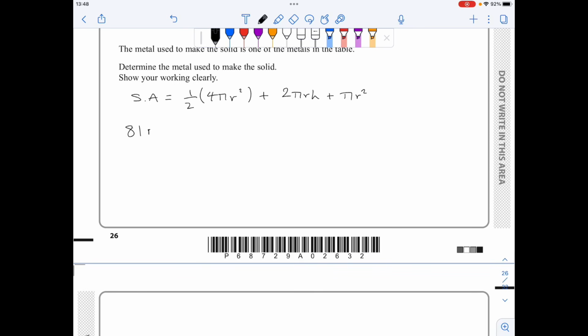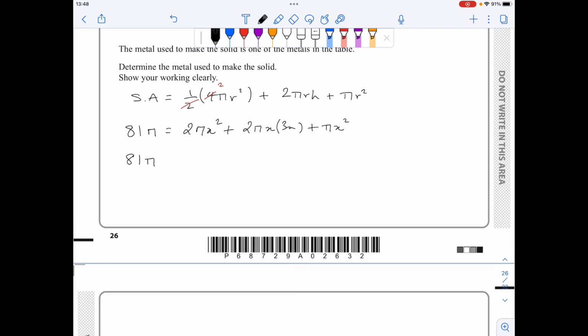So 81 pi is equal to, this will cancel out, so I'll have 2 pi x squared plus 2 pi x times 3x for the height, plus pi x squared.